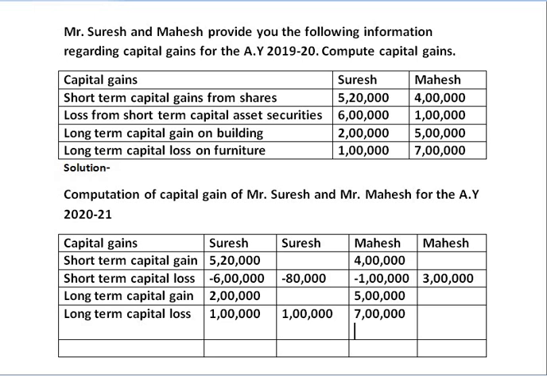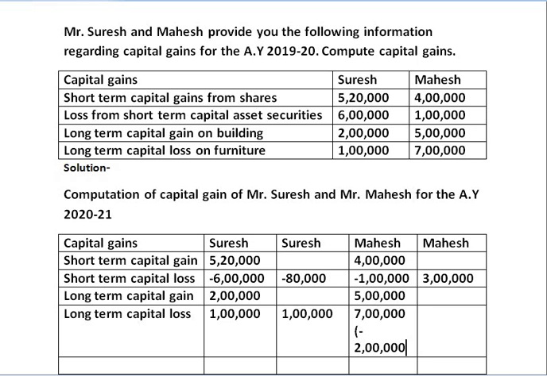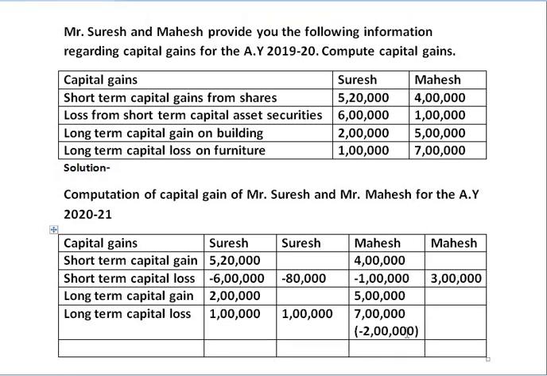Therefore here we still get a negative figure of minus 2 lakh, which cannot be set off against the short term capital gain. Therefore this minus 2 lakh rupees has to be carried forward to the next year.